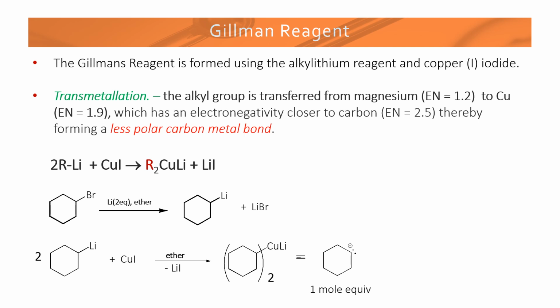The Gilman reagent is terribly important. It's formed using the alkyl lithium reagent with copper(I) iodide. A transmetallation reaction occurs, i.e., an alkyl group is transferred from the lithium to the copper, which is more electronegative.